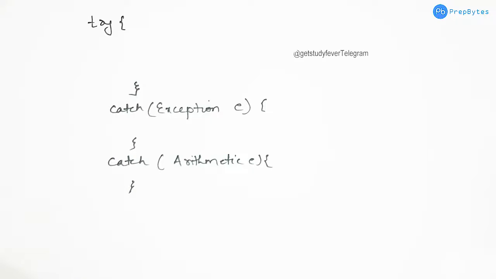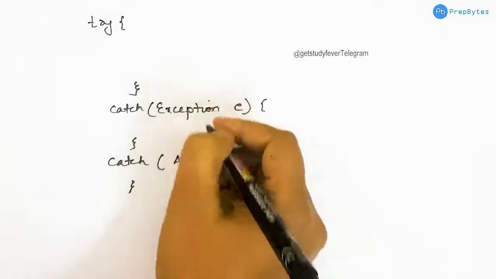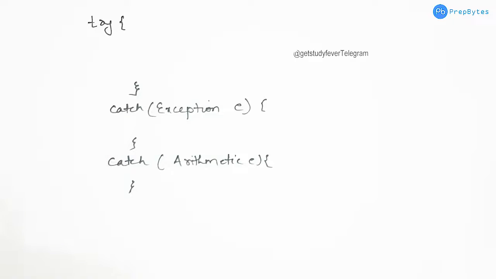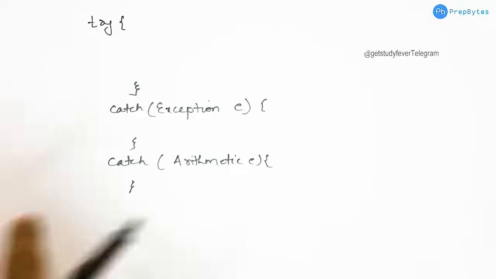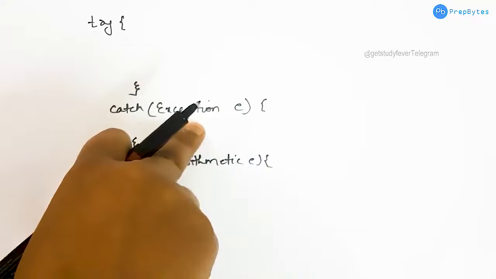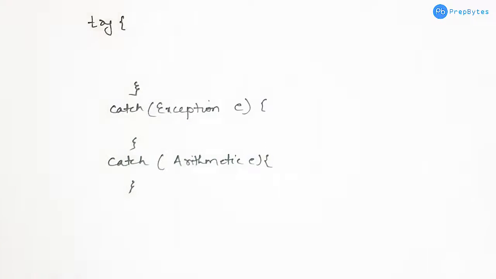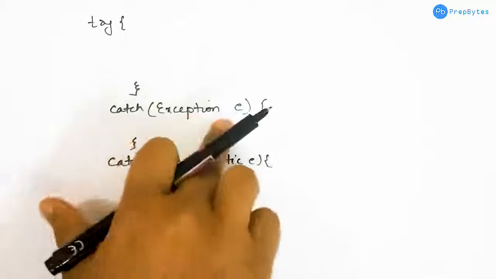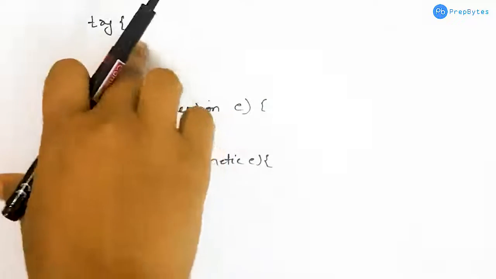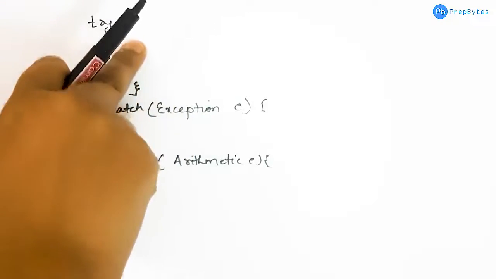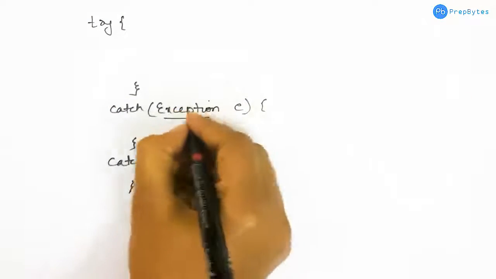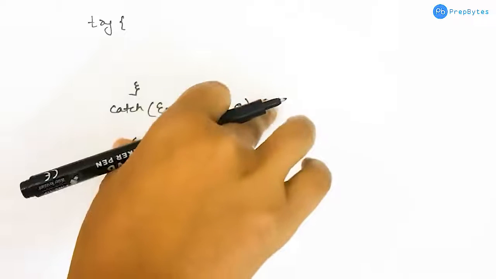Why are you getting an error? The reason being that, as we have discussed before also, all the exceptions are subclasses of Exception. So ArithmeticException, everything is a subclass of RuntimeException, and RuntimeException is a subclass of Exception. So whenever there is an exception, obviously this block will get executed.